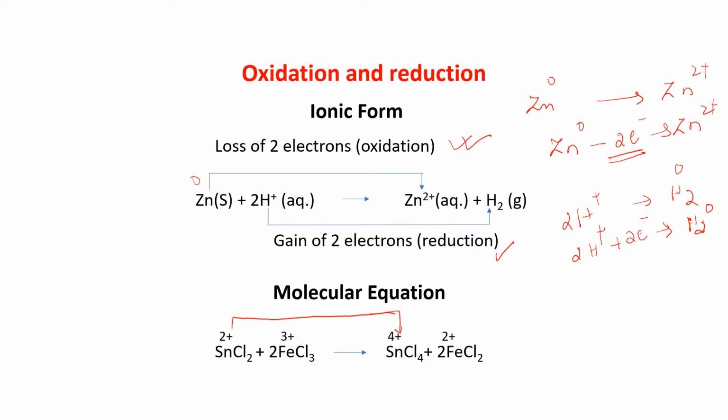So it is oxidation. And this is +3 to +2 state, so it is reduction. Gain of electron for Fe and loss of electron for Sn. So this is oxidation and this is reduction.